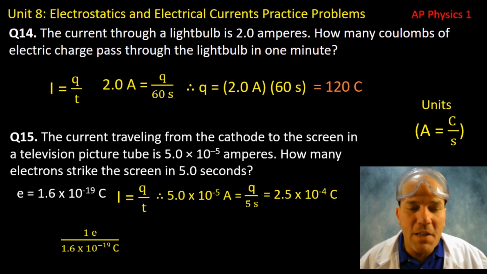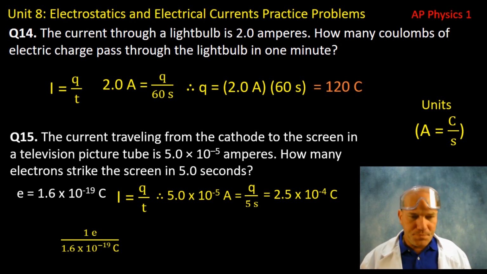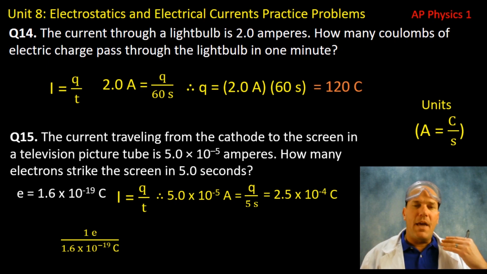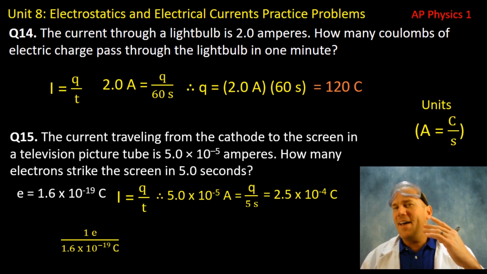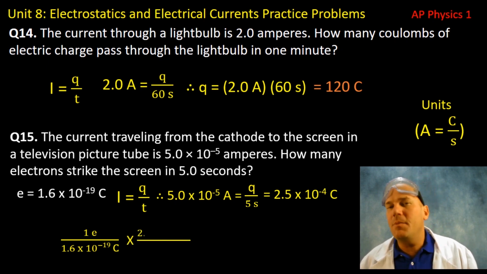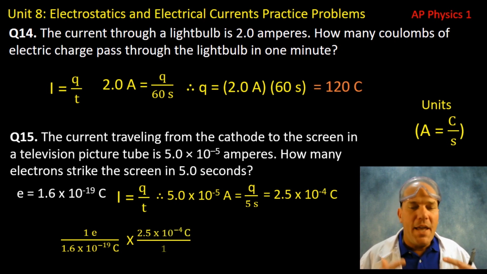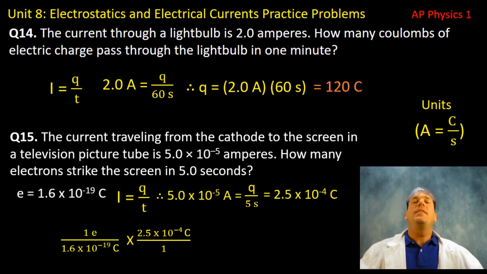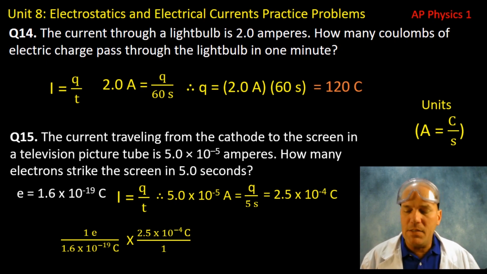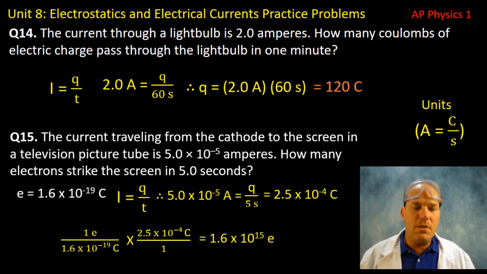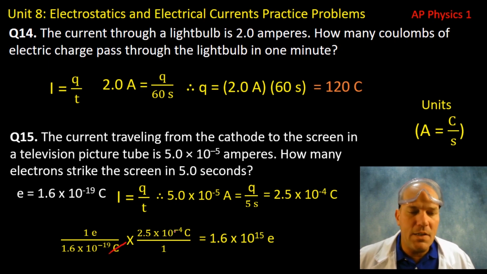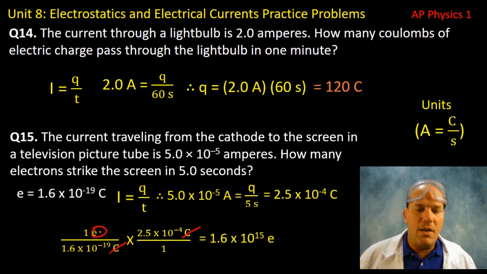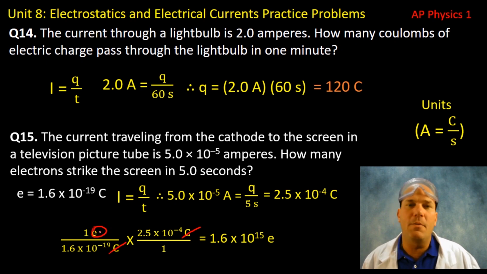How many electrons, we need to go one step further. So now that we know that one elementary particle has a charge of 1.6 times 10 to the negative 19th coulombs, and now we've used the information in the problem to calculate the amount of charge that is occurring within 5 seconds, we can simply convert this over using dimensional analysis, and we get E, which is the symbol for the elementary charge, and an elementary particle.